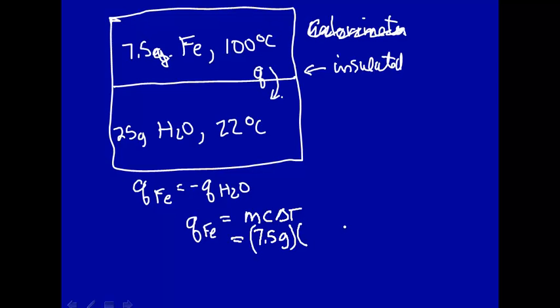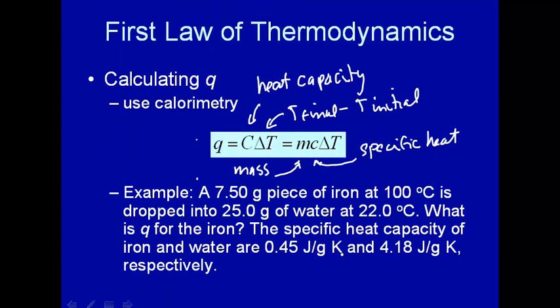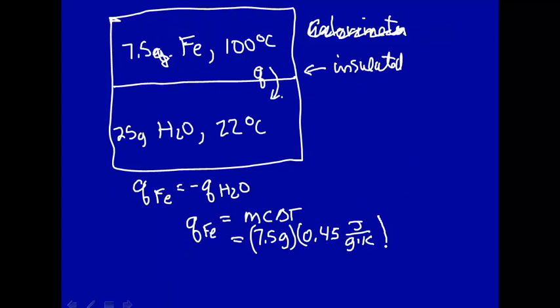The specific heat given in the problem was 0.45 joule per gram Kelvin. And the delta T is the final temperature, which we don't know, minus the initial temperature, which was 100 degrees C.